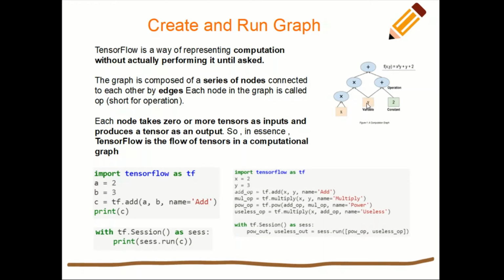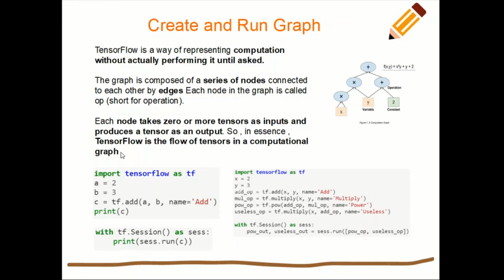Then there's another node, and we are giving it this x square and y, so x square into y is the output of this. Then y we are giving to another node and we are adding 2, so this is the y plus 2 part, and the output here is y plus 2, and the output there was x square into y, right? And we are adding those two things. So this part and this part we are adding, and that is where we'll get our final output.